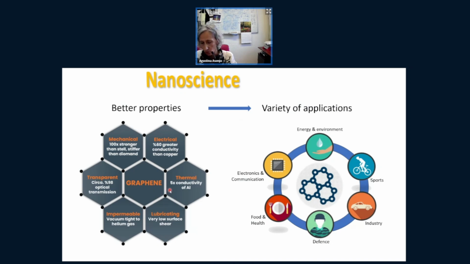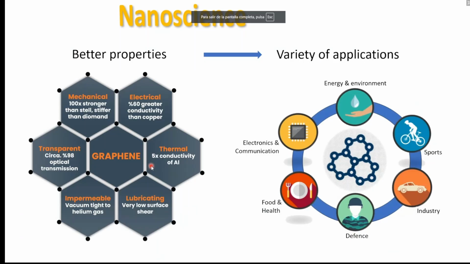I will use graphene as an example of what happens when we reduce the size or what kind of applications we can find. In the case of graphene, due to its two-dimensionality, we found that we have special mechanical properties or even lubricating, but also special thermal or electrical conductivity, and also some special properties about the permeability for special gas or for special materials.